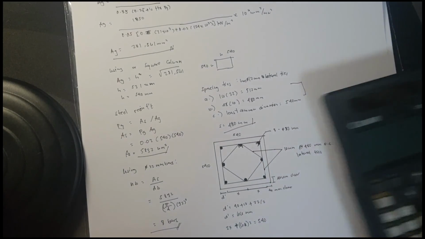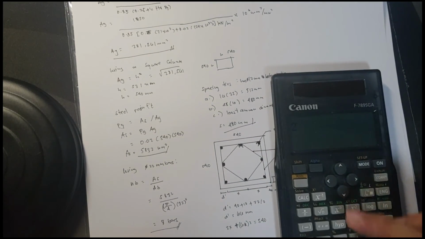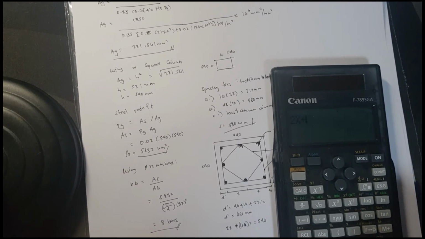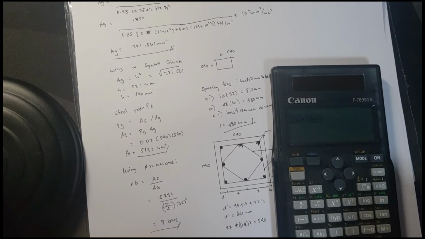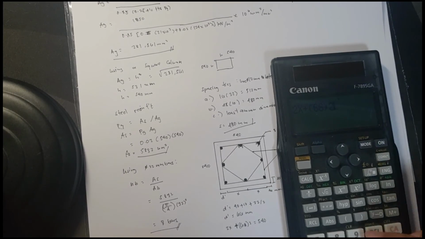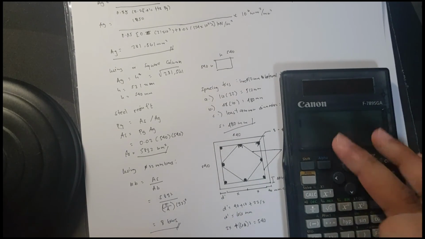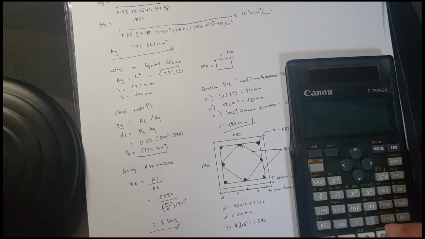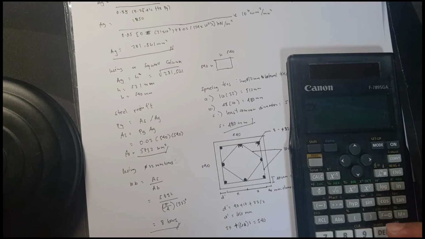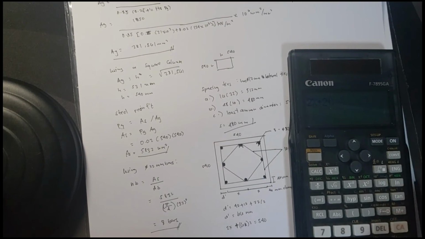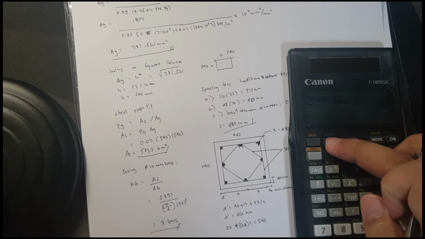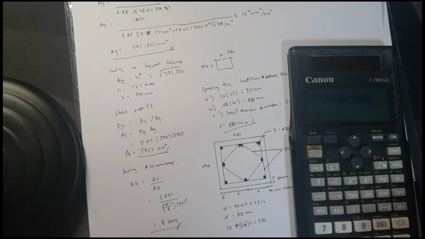So hanapin natin yung x. 2x plus 2 times 66 equals 540.